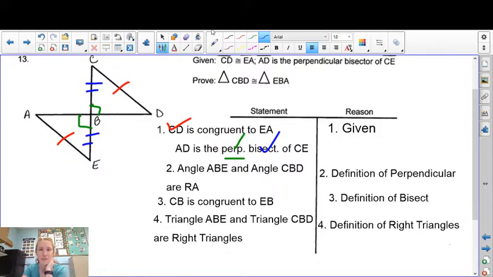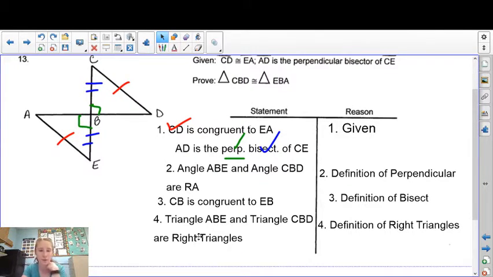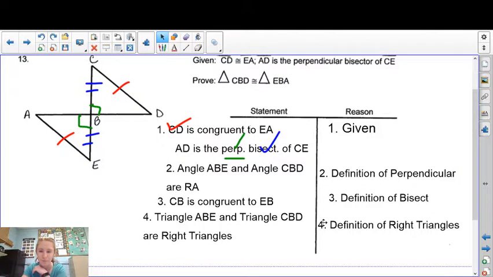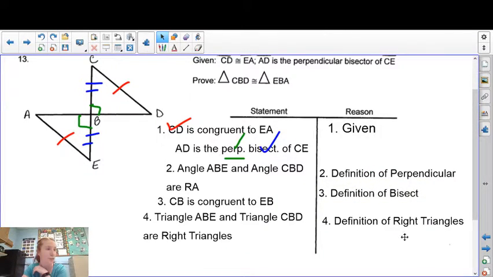If we didn't have that right angle, not only would we not be able to prove this completely, but we also wouldn't be able to use our definition of right triangles. So now that I've said that they are right triangles, clearly it has a hypotenuse and it has a leg, so I can use that. And I've got my right angle in there.